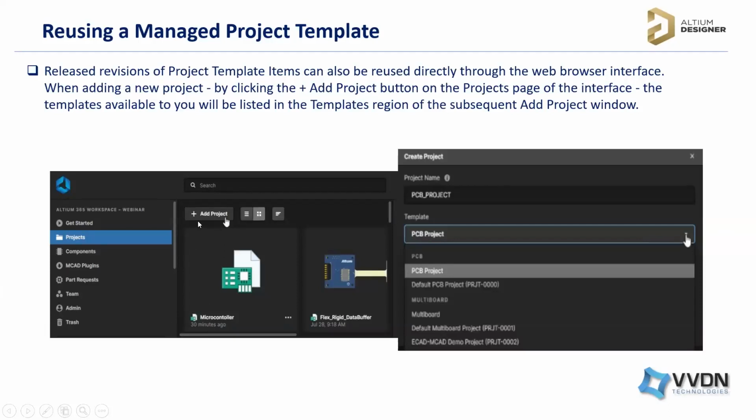There we can open Altium 365, connect through our login credentials and directly add our project. And here you can define our project name, and a template also we can add. Like that we can add our project template.